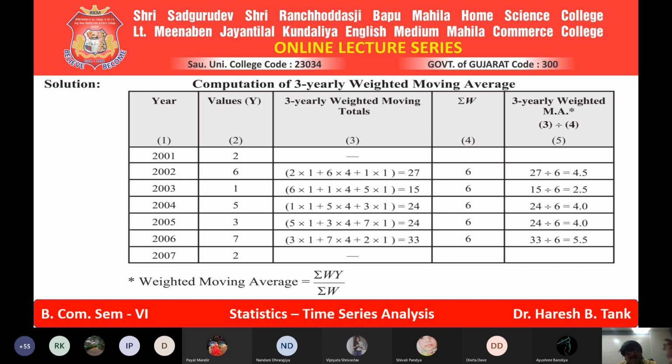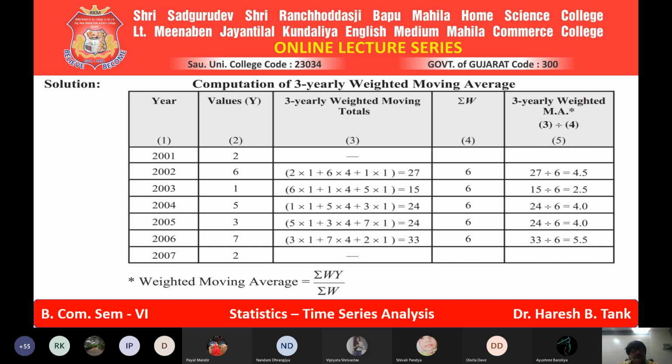For the first year, the value is 2. So that 2 is to be multiplied by the weight. The weight is 1, so 2 multiplied by 1, plus the second year value 6 multiplied by 4, because 4 is the weight given to you for the second year, plus the third year value 1, the weight is again 1, so 1 multiplied by 1 is to be added.